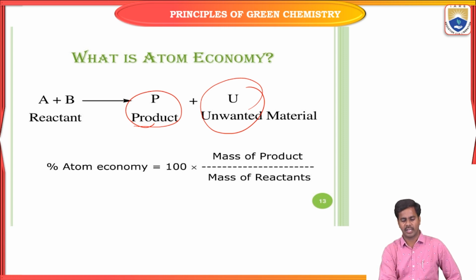So let us take the formula: atom economy is equal to 100 times the mass of the product divided by the mass of the reactants. Here, what are the products? P and U. Divided by the mass of the reactants, that is A plus B. Let us calculate the atom economy of different reactions.